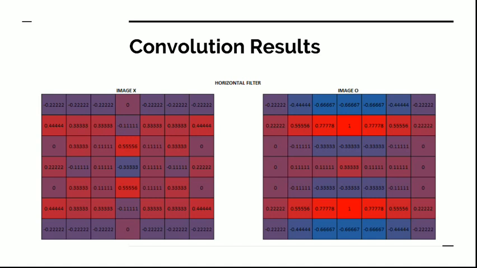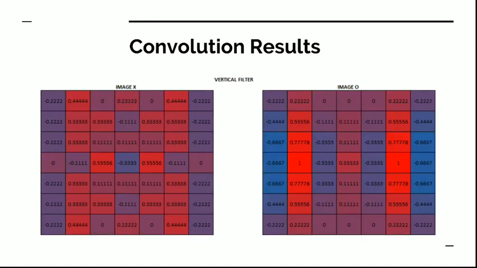But for image O, we can clearly see two horizontal lines corresponding to the horizontal parts of image O. We have higher values for the horizontal lines, and all the other parts of the image have lower values. So only the horizontal lines in the original image show up in the transformed image.